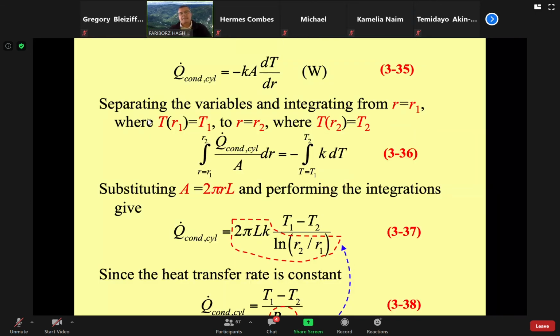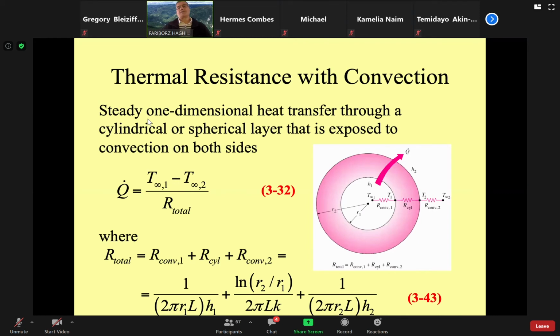Okay. Therefore, now we have defined resistance here, and we are trying to look at every problem we are dealing with. Again, we use the same analogy that we used for the wall. For the wall, it was easy, it was x over k. But now we are dealing with cylindrical coordinates, and the area exposed to convection changes from the inside radius to the outside radius.